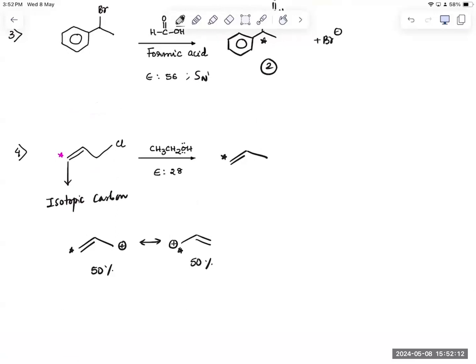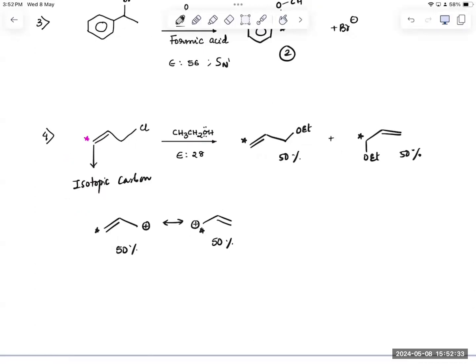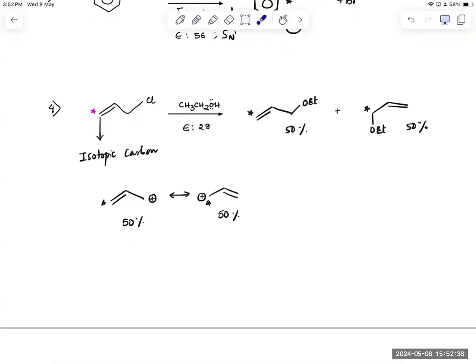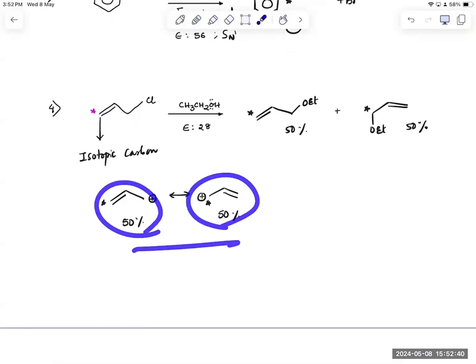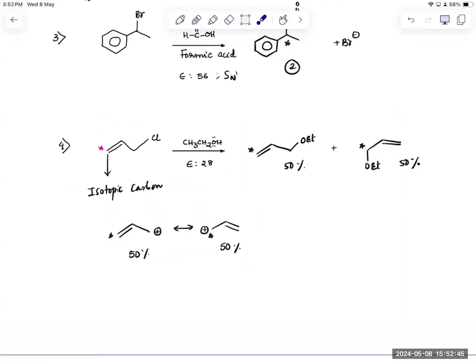So that means the product what you will get here is OET, 50 percentage chances, and double bond with OET, with this as an isotopic carbon, this will also be 50%. Okay. So when you have the same allyl group, that means the resonating structure is also the same in allylic position. In that case, we can say 50-50 percentage will be formed, right? If you have the notes, make a note of it.